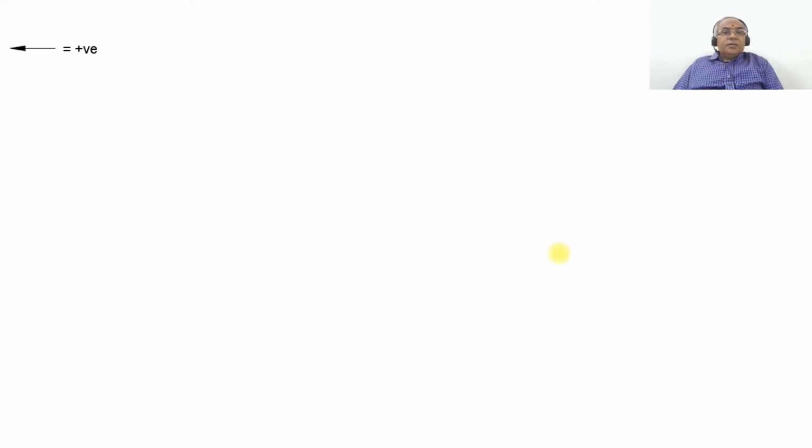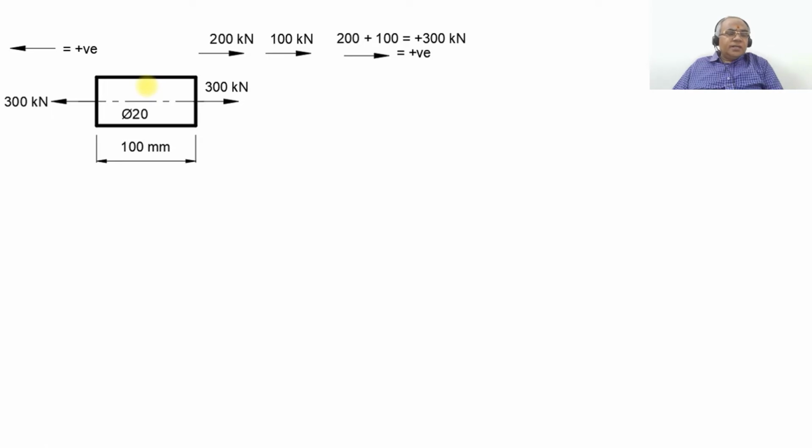So the convention we follow on a section is this. When you are considering a point and moving towards the left side, a tensile load is going to be a positive value.